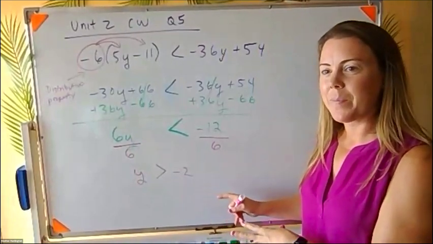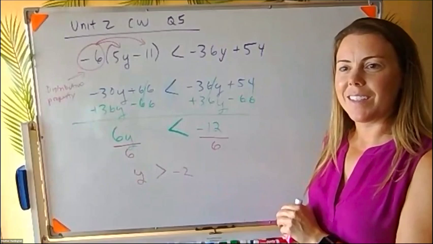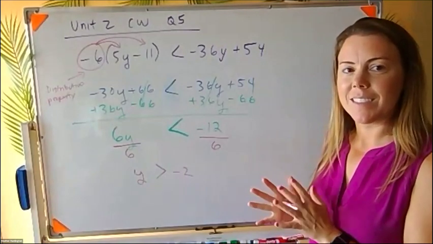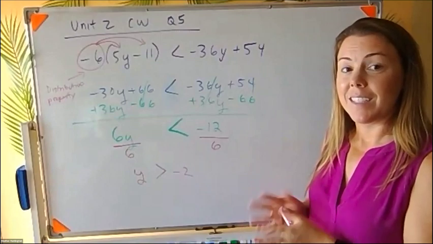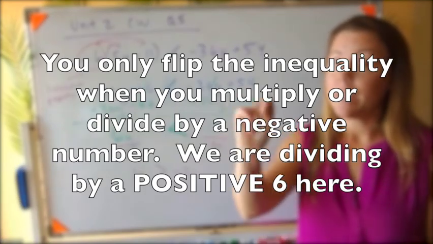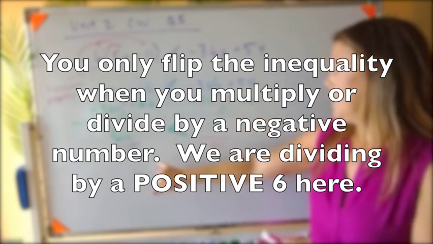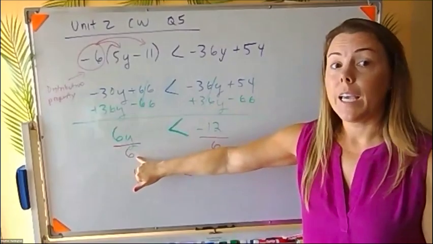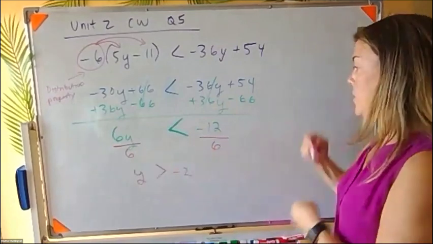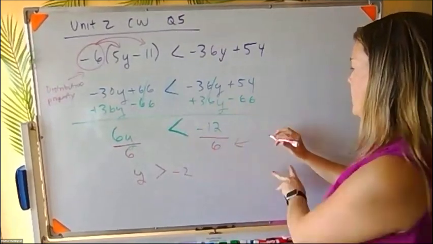Wait, I have a question. Don't you have to flip the sign? When do we flip the sign? When you multiply or divide, you just said it, by a negative number. Here we're dividing by a positive number.